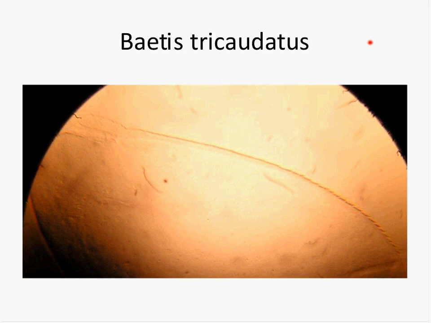This will require that you either remove the gill from the specimen and make a mount and look at it underneath the compound microscope, or you can look at the whole specimen, but it doesn't work very well a lot of the time, and just look at the margin.